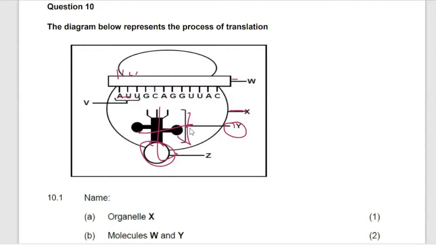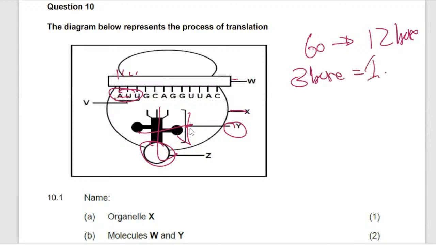This is what? Codons. Hey guys, two questions. The first one is how many codons in 12 bases. Remember, 3 bases is equal to 1 codon. So 12 divided by 3 makes 4 codons.